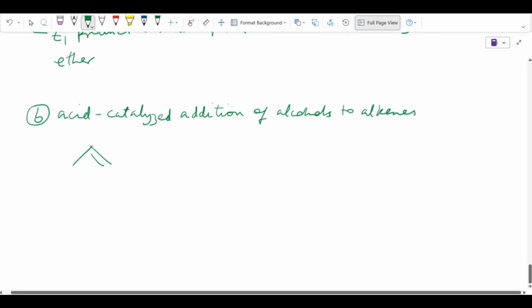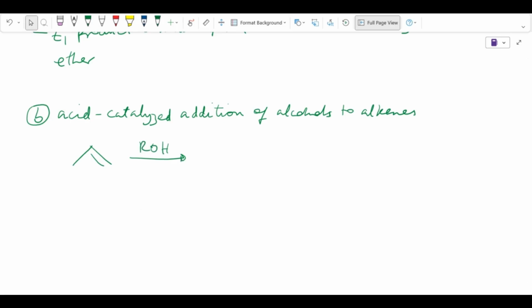So if you have an alkene and you treat that alkene with alcohol under acidic conditions, the hydrogen from the alcohol will add to the less substituted carbon, whereas the alkoxy group of the alcohol will add to the more substituted carbon.